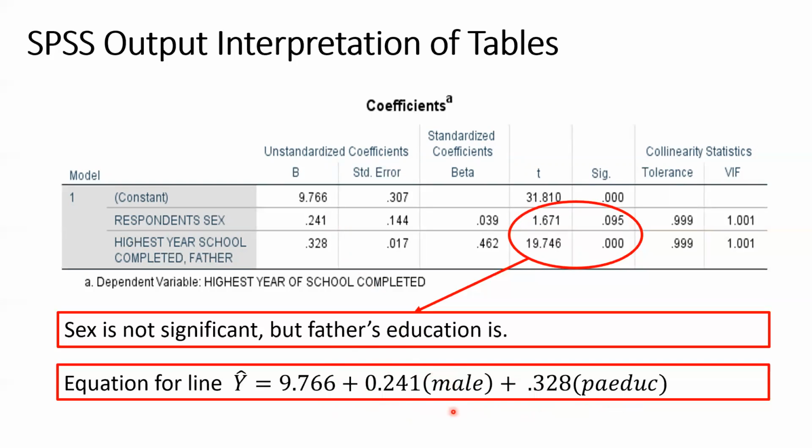Remember, this is a dummy variable. So interpreting this variable, we would be saying that there are 0.241 additional years of education for males than females. That's how we would interpret this coefficient.